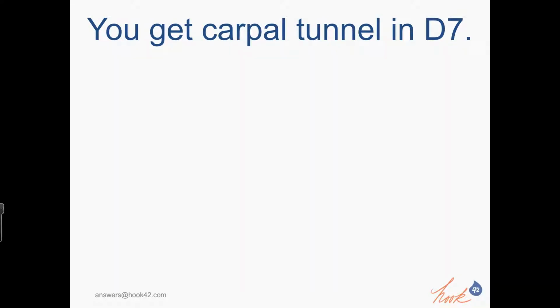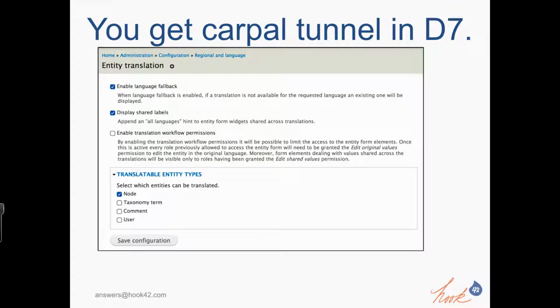And in Drupal 7, you get carpal tunnel when you actually configure content translation. So first of all, if you're using entity translation, you have to select which entities can be translated. So you have to find this page, click some more buttons, and then click save.